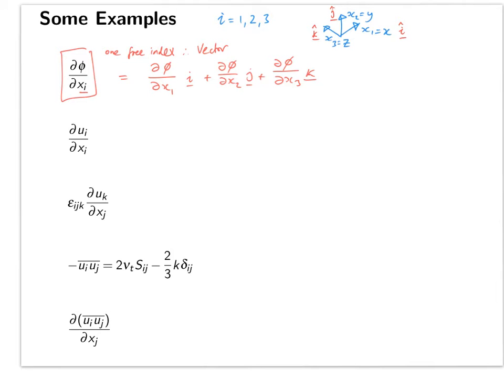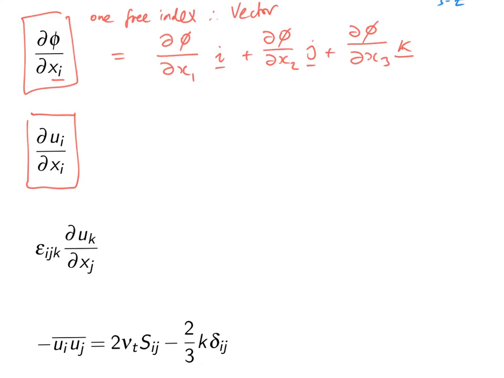Okay, so let's look at the second one. Okay, so let's look at the next one. So here we have repeated indices. We have i appearing twice. And when you have a repeated index, then you sum over that index.